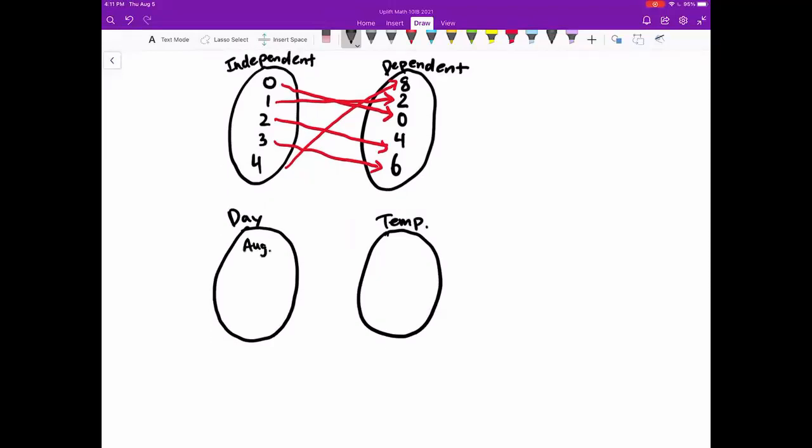We could put August, and then we have like 26 degrees, 28, some pretty good numbers.